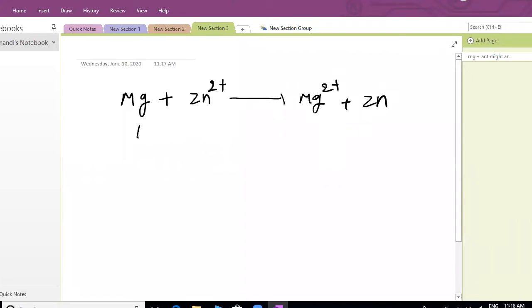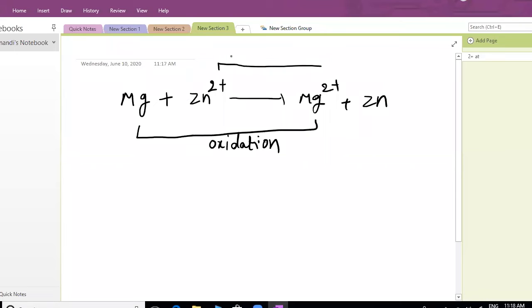Magnesium loses electrons. That's why this is called oxidation. Understood? Zinc gains electrons. What we call this is reduction.